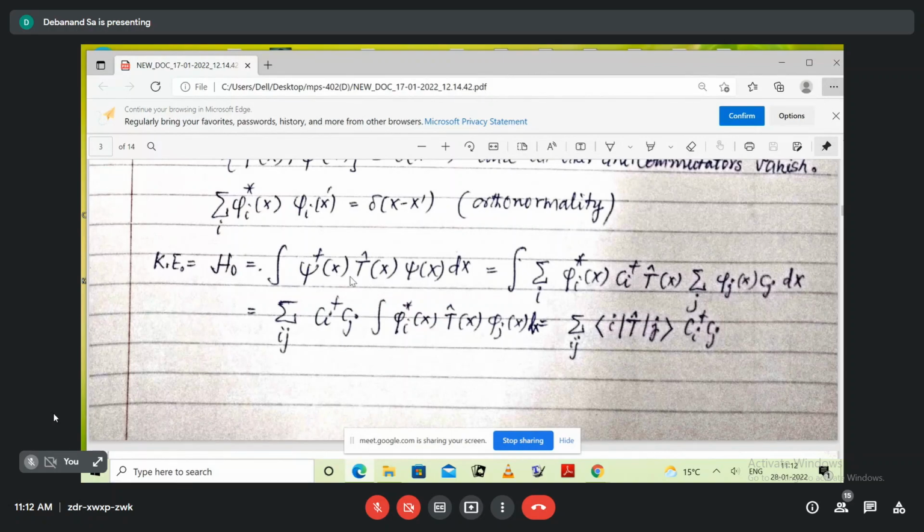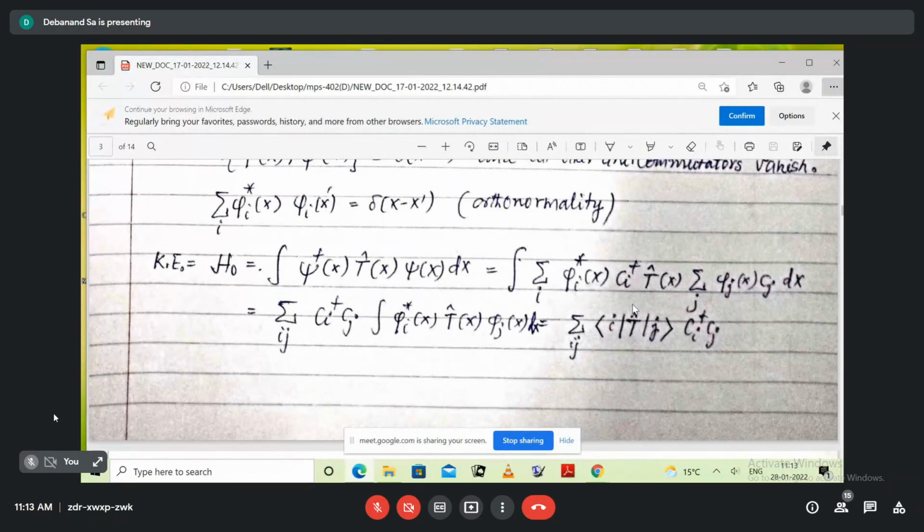And this precisely looks like a sum over ij, where i and j are basically the basis set, phi i star and phi j. This is the basis set. This is a bra and this is a ket. And then the kinetic energy operator is sandwiched here.